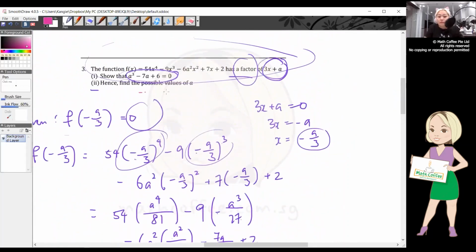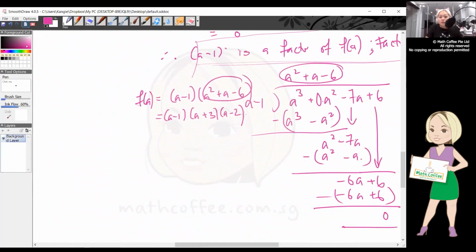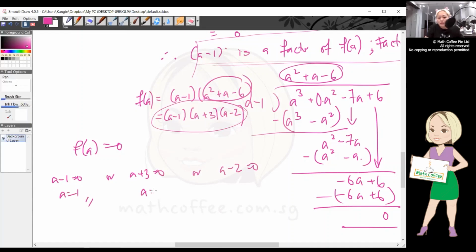Then they ask you to find the possible values of a, right? So for f(a) equals 0, I will know a minus 1 equals 0, or a plus 3 equals 0, or a minus 2 equals 0. So I have a equals 1, a equals minus 3, and a equals 2. Done.